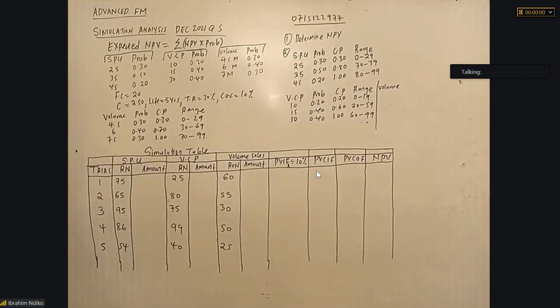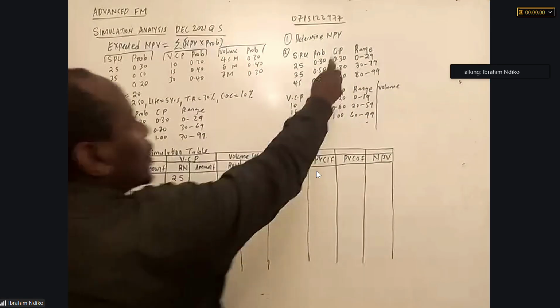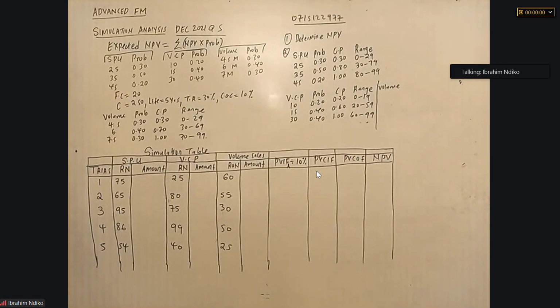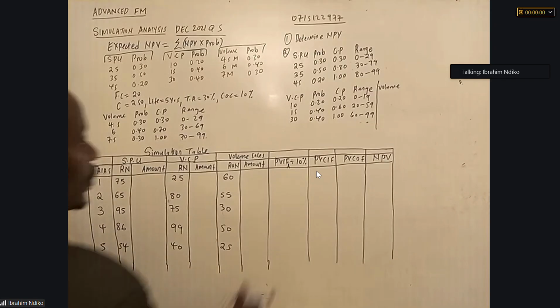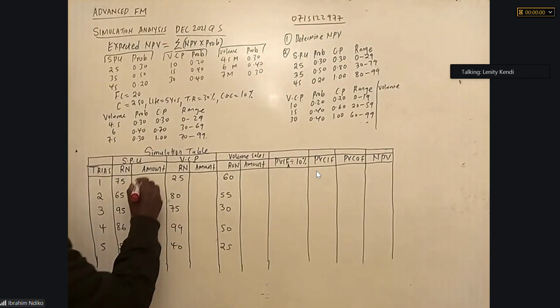So unakuja hivi, unajiuliza: 75 under SPU, selling price per unit. 75 inarenjia wapi pale? Is it between 0 to 29, 30 to 79 or 80 to 99? The first one. So tunaangalia ina lie on which range? Iko kwa 30 to 79, which is 35.